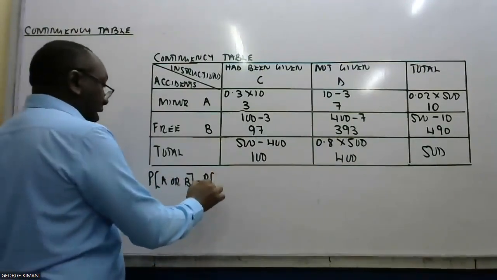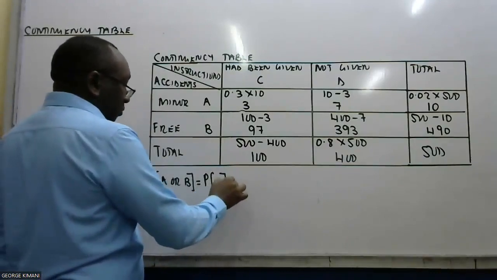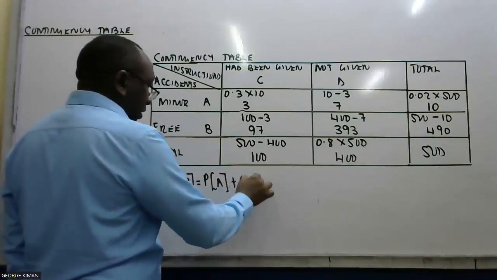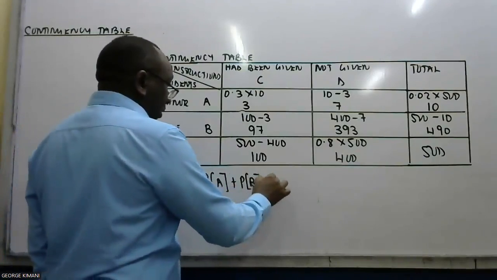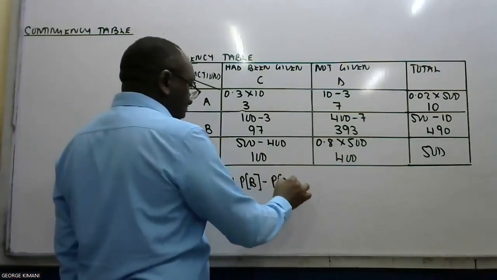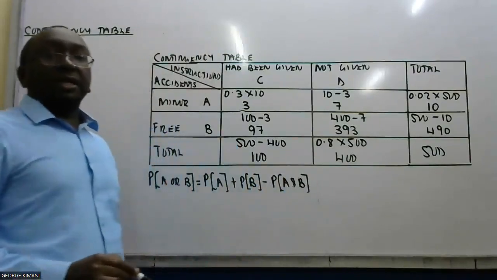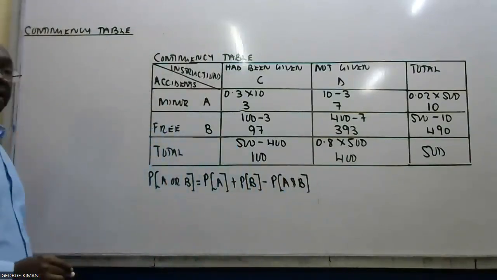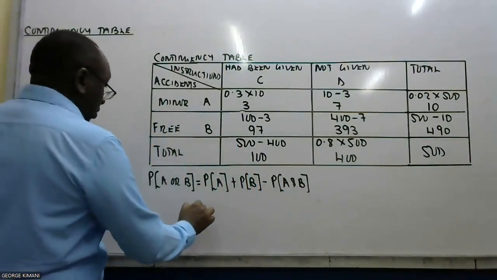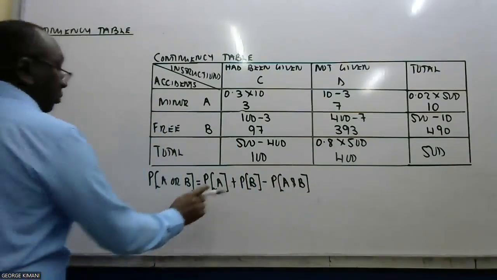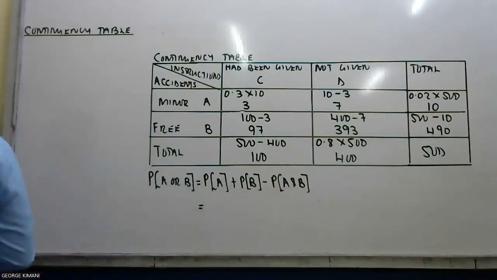It opens up as probability of A plus probability of B minus probability of A and B. So for A, I think you know those things now.